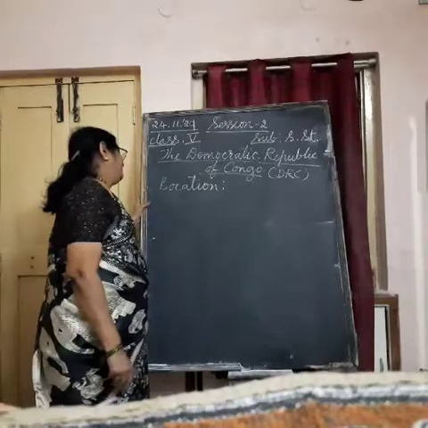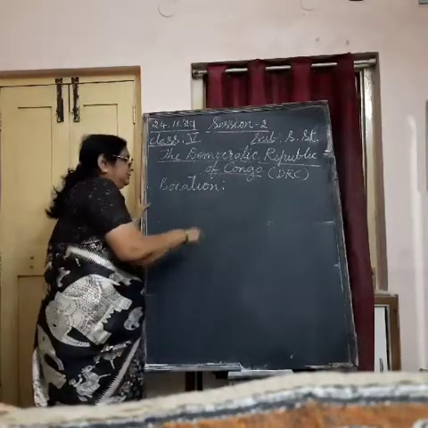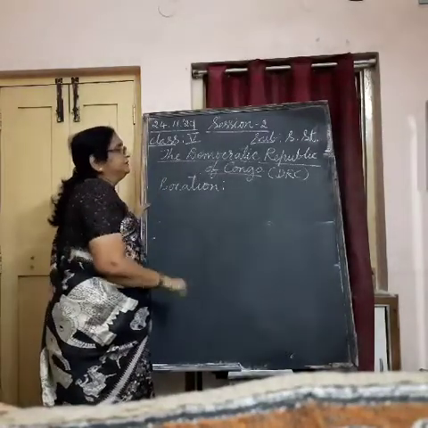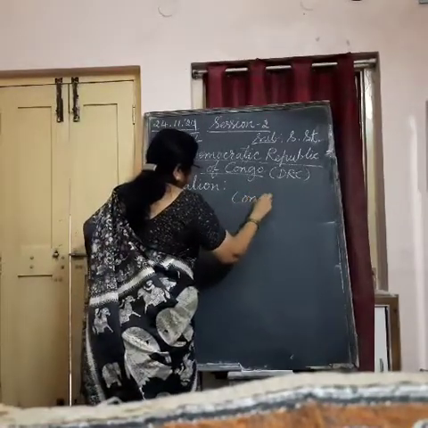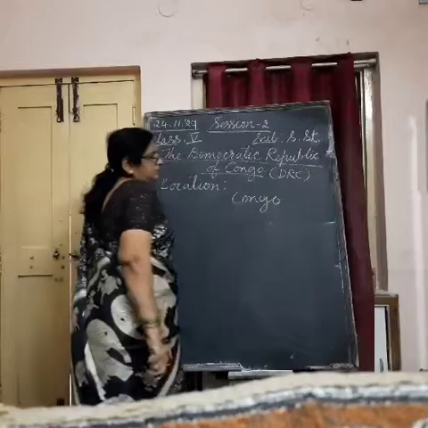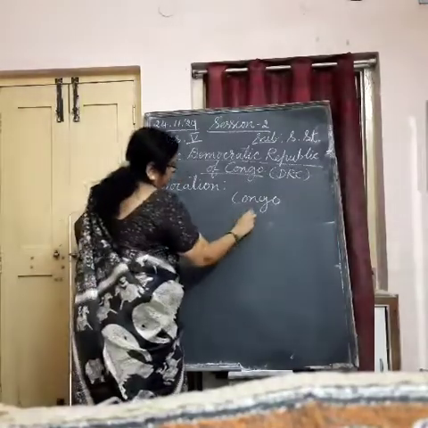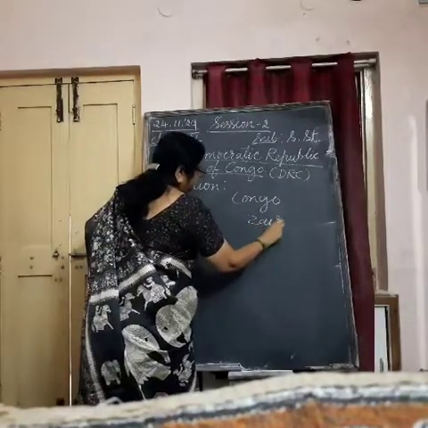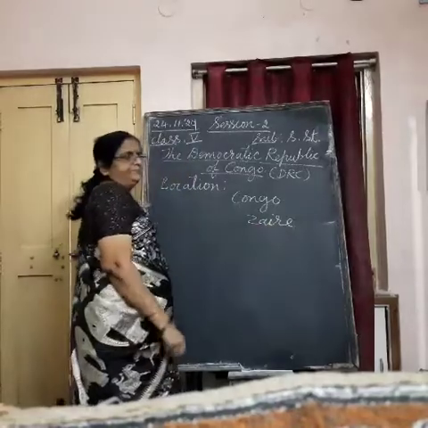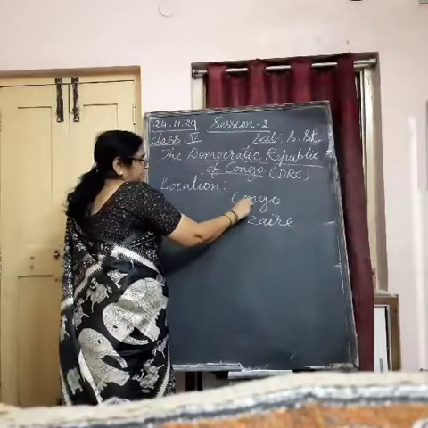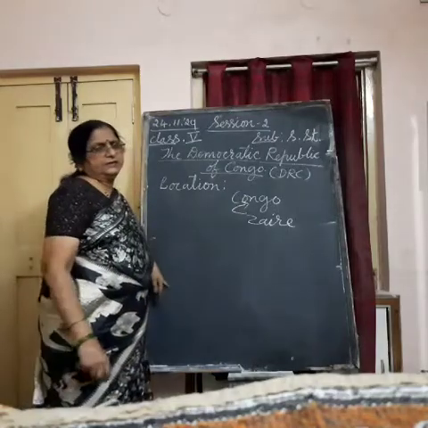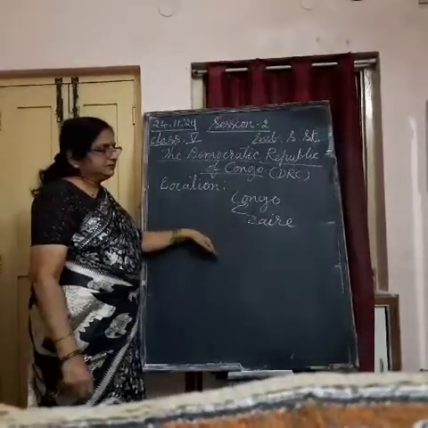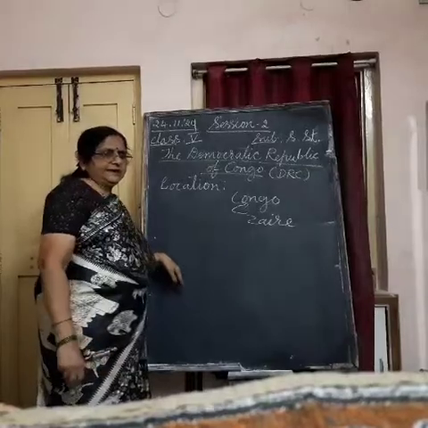Then the main river of Africa, the second largest river of Africa, we call the Congo River or Zaire River. The old name of this river was Zaire. Now it is known as Congo. This Congo River flows through this country and makes it the most fertile land.